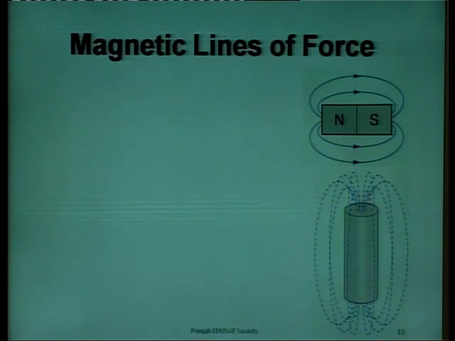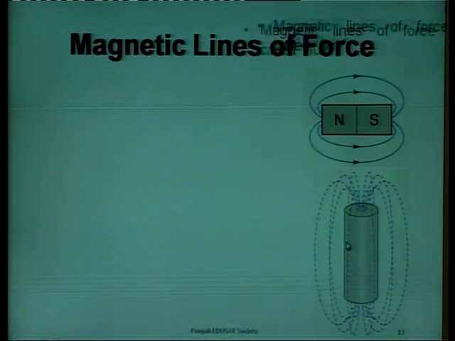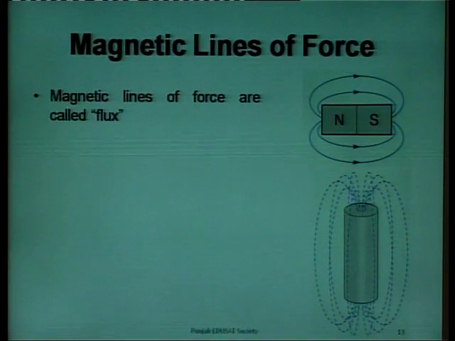If we take a compass and draw the magnetic lines of force using the compass, we will get the lines like this. It is shown in this diagram, and again in this diagram. The magnetic lines of force are called flux.